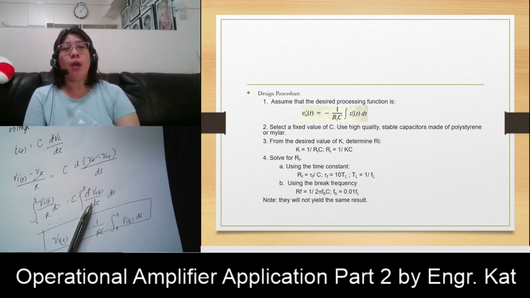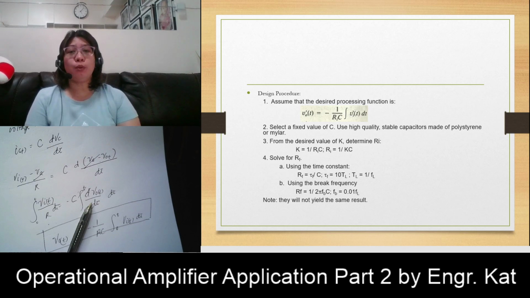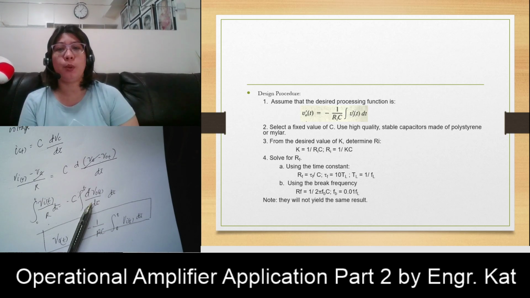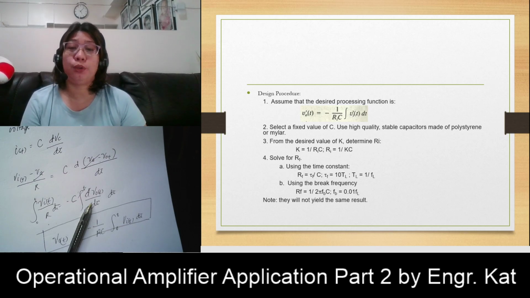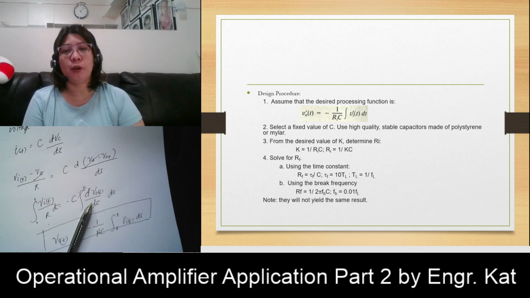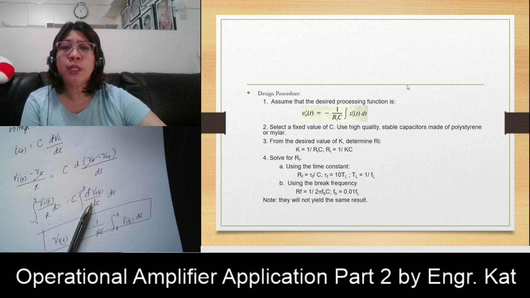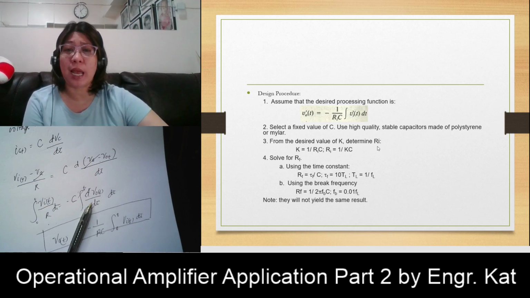As a designer, you can choose any value of capacitor that you want. After choosing the value of your capacitor, we are going to solve for the resistor Ri using this scalar factor here.